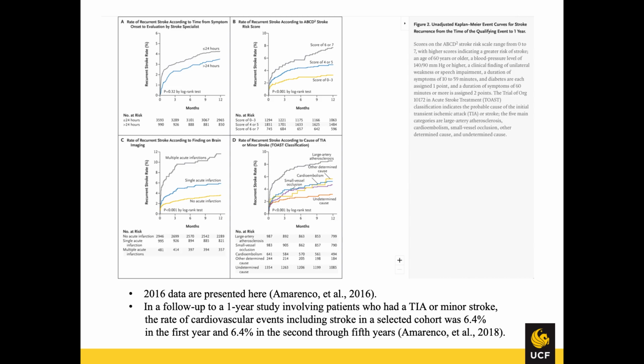But what's interesting to note is that those same people who presented initially with TIA in years 2 through 5 also only had about a 6.4% risk of a major cardiovascular event, including stroke, during that time period. So that's pretty interesting, because I think traditionally speaking, we've always thought of the numbers being a little bit higher than that, of TIA being a major predictor of stroke.